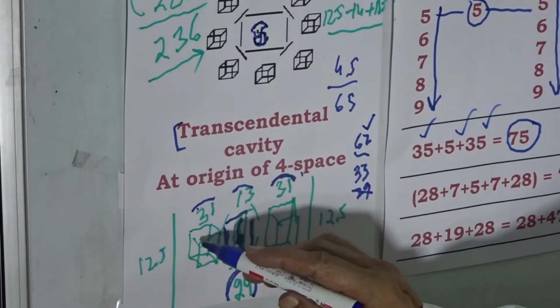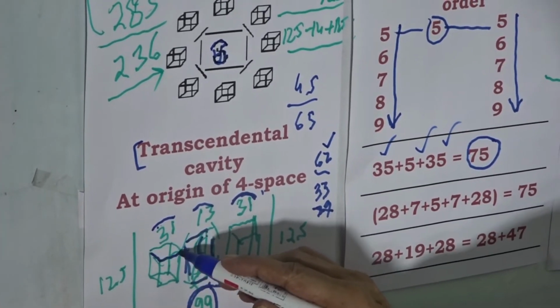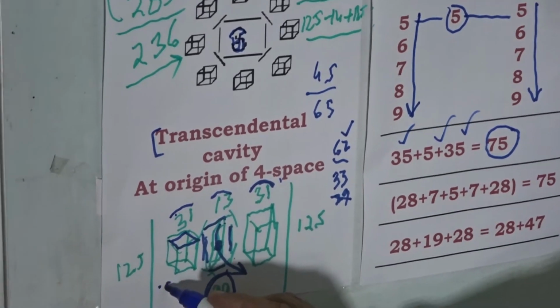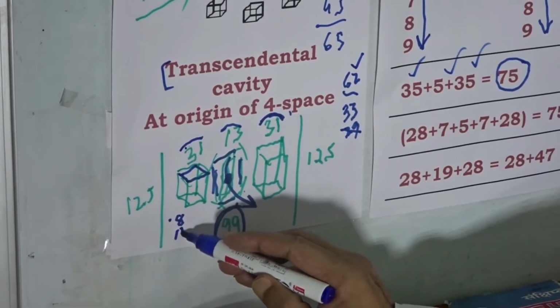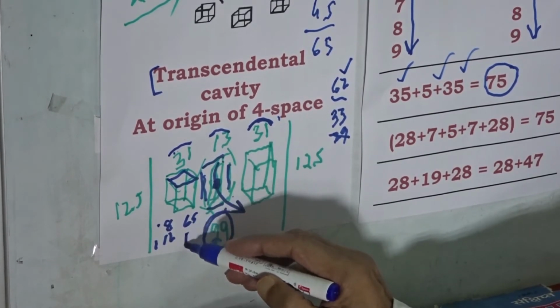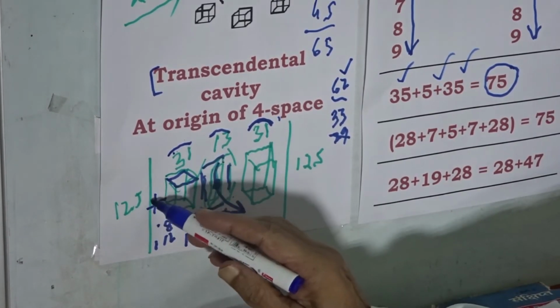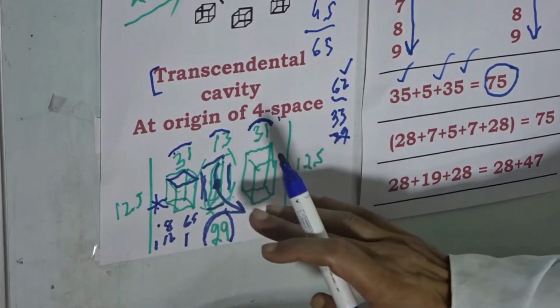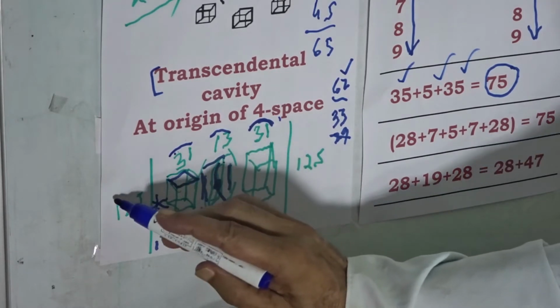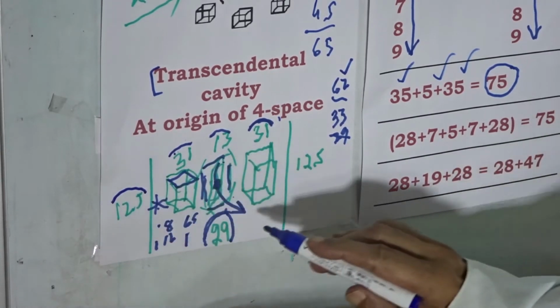Further we know that cube is a setup of 31 structural components, 8 corner points, then there are 12 edges, 6 surfaces and 1 volume, then there are 3 dimensions and 1 origin. Further we know that cube splits into 8 subcubes of structural components 125.